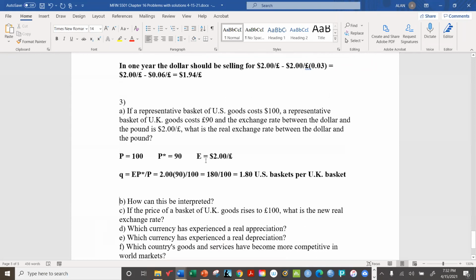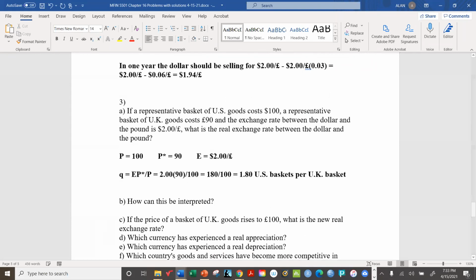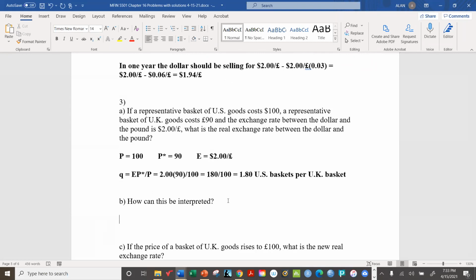How can this be interpreted? It would take a US citizen 1.80 US baskets of goods to buy one UK basket of goods.